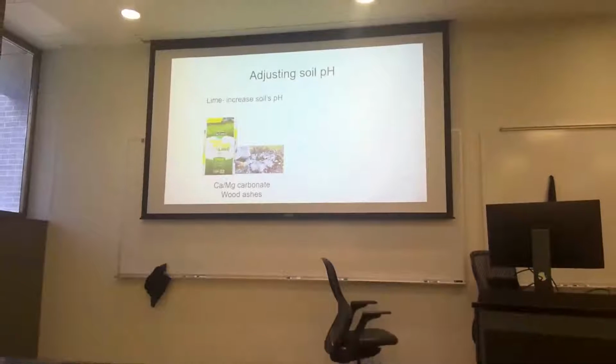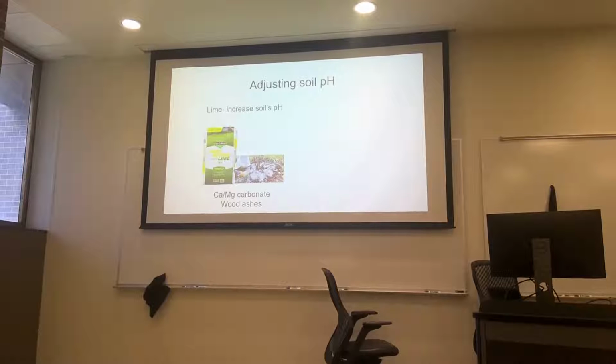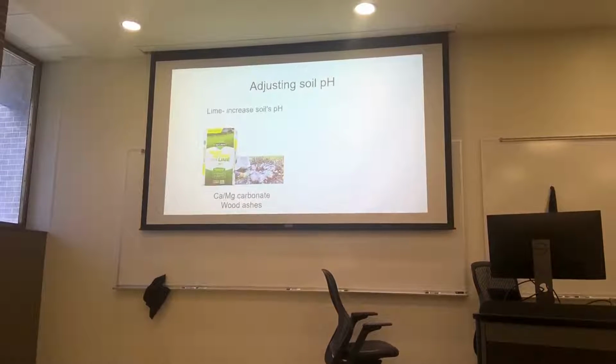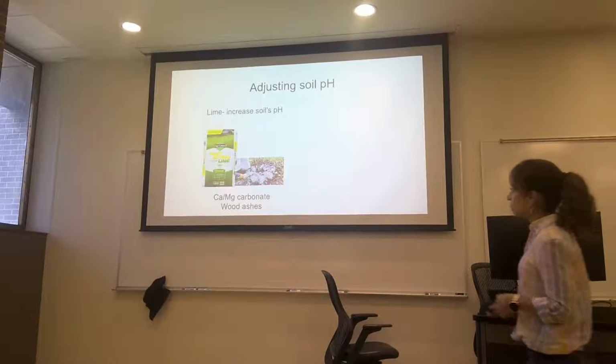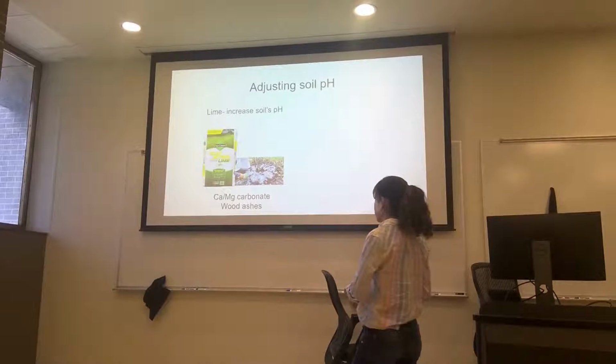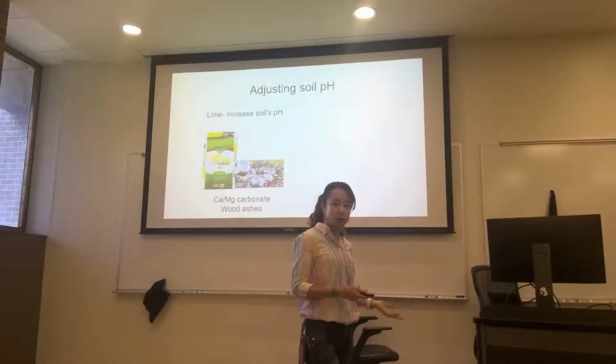So I don't know if you've heard of lime. This is something that people add to the soil a lot. Also ashes, that's going to be a more organic way of doing this. So that releases a lot of carbonates, and that basically can increase the soil pH. So again, if you see lime, that's what is there if you need to increase the pH of your soil.